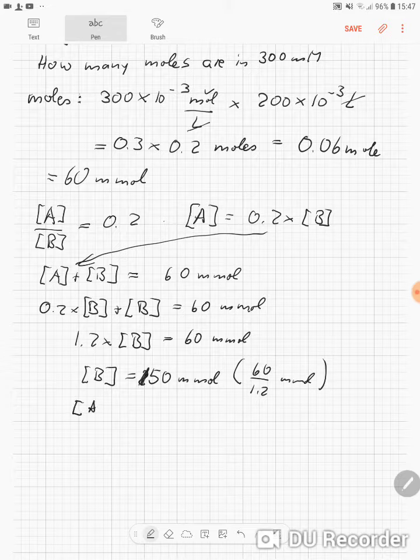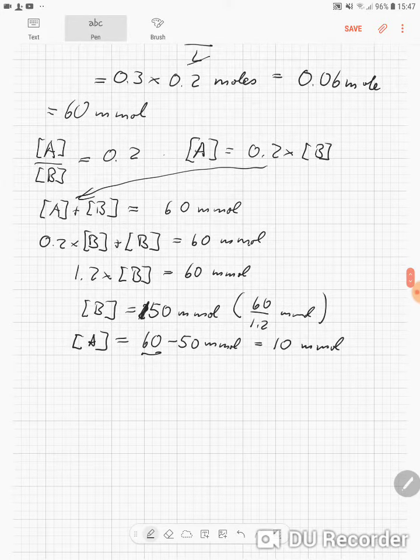And A equals 60 minus 50 millimole equals 10 millimole. So if we put A and B together, we get 60 millimole, and the ratio of B over A is 50 to 10, or A over B is 10 over 50. So that indicates that we are all right.